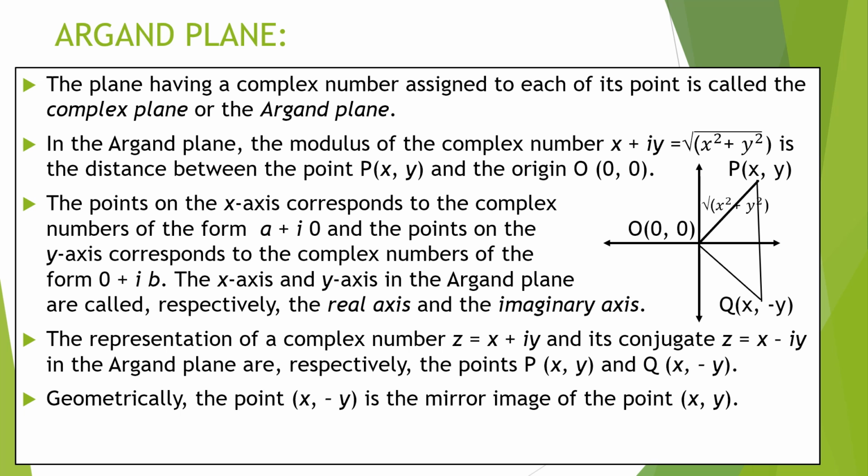Now if you see the representation of a complex number z is equal to x plus iy, and its conjugate z bar is equal to x minus iy in the Argand plane, then they are the points P(x, y) and Q(x, minus y), and geometrically the point (x, minus y) is nothing but the mirror image of the point (x, y).